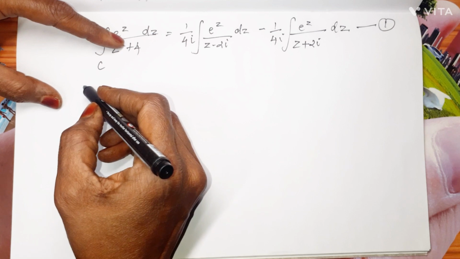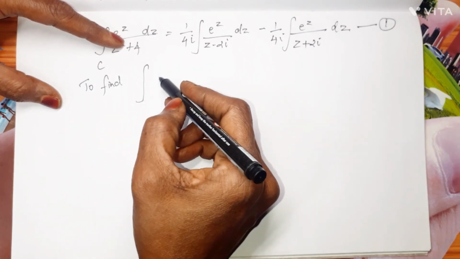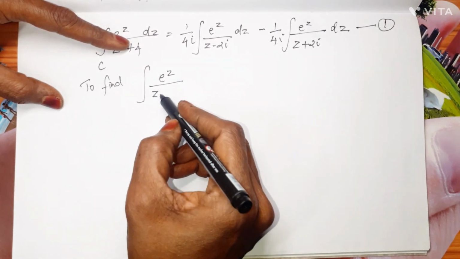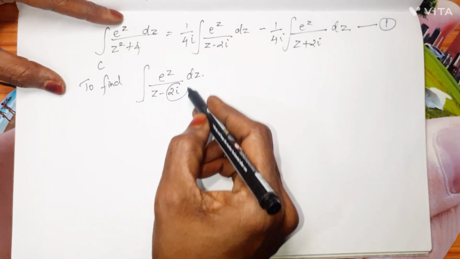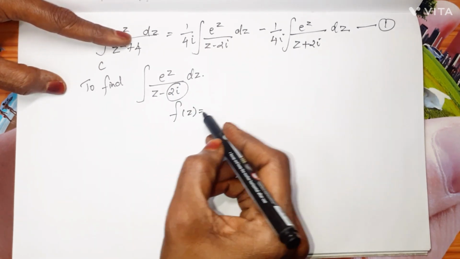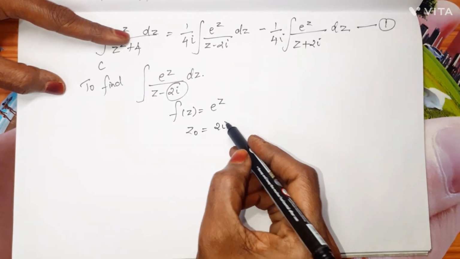First I am going to evaluate, that is I am going to find the integral e power z by z minus 2i dz. For that, f of z is e power z and my z naught here is 2i.